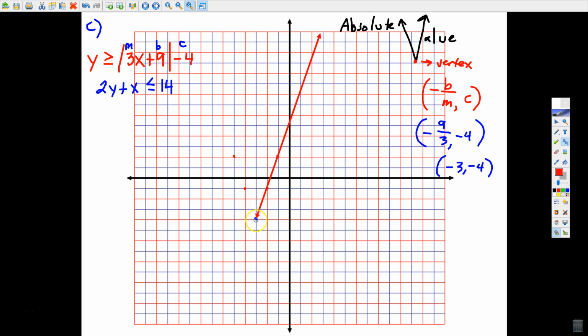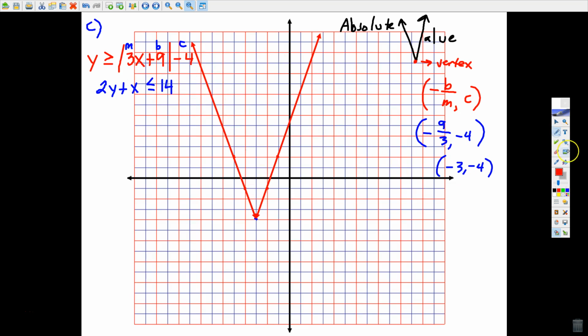So I'm going to draw my V. And I'm going to wait and do shading at the end, but if I am shading the greater than area for the V, just think above both of the lines, we're talking about this area inside the V.